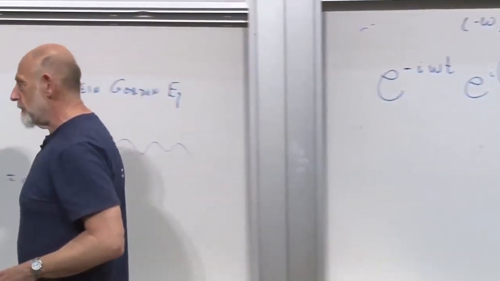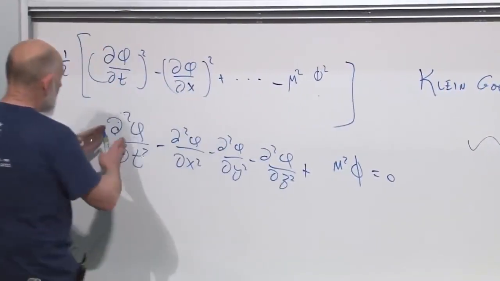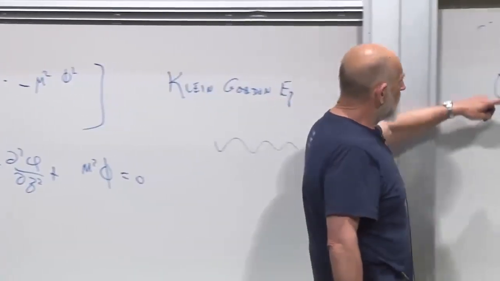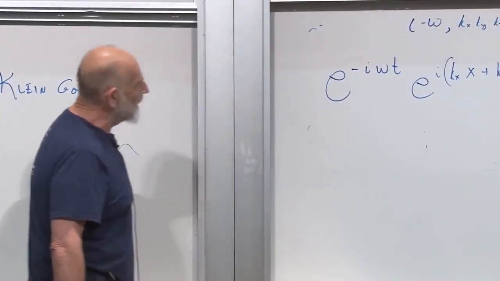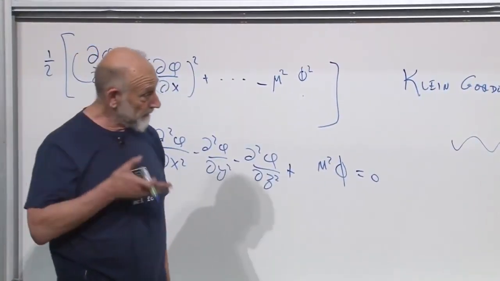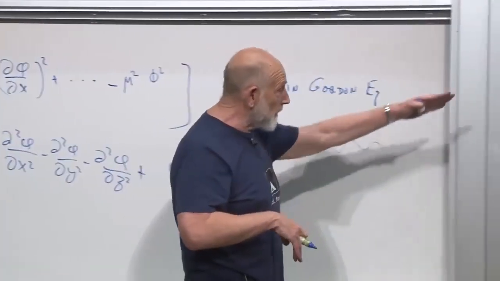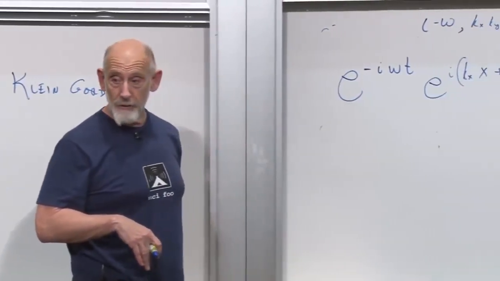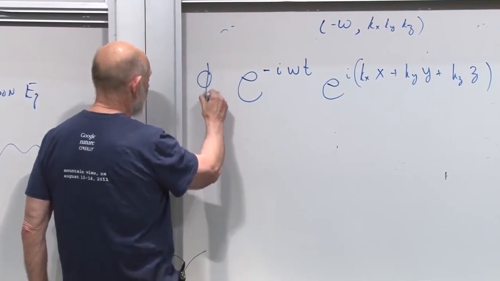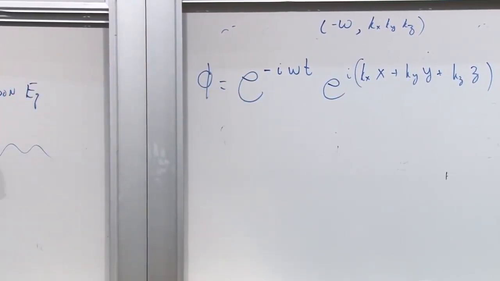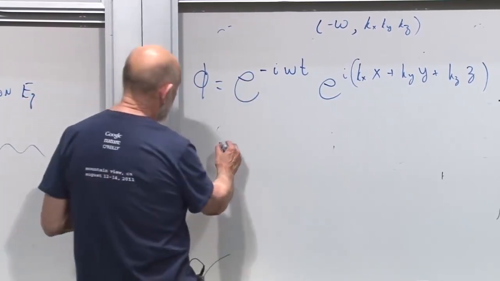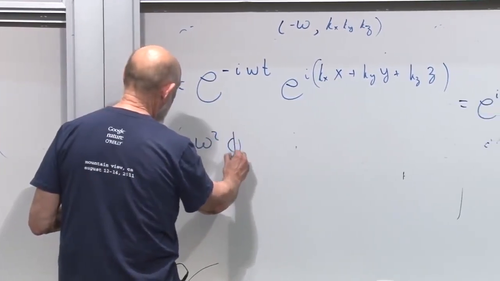Let's see what happens if we try to solve this equation. What is the second derivative of phi with respect to t squared? Well, what happens when you differentiate an e to the i omega t with respect to time twice? That'll multiply what you have here by minus omega squared. So this is our guess at phi. What happens if we differentiate it twice with respect to t? We get minus omega squared times phi.